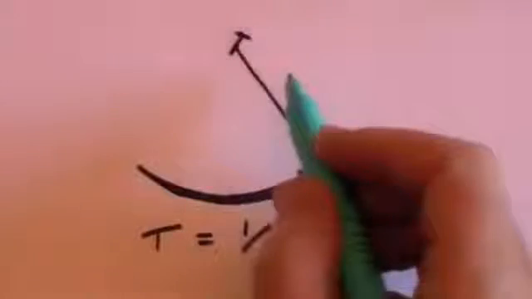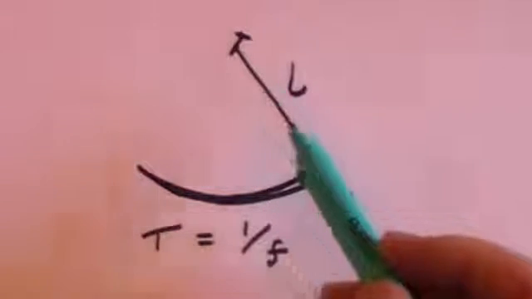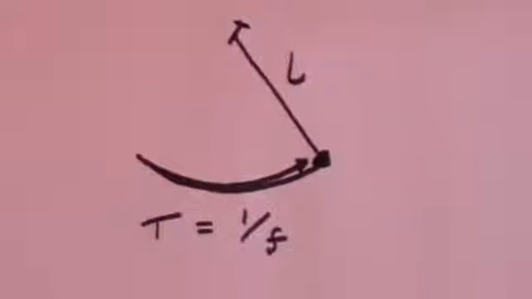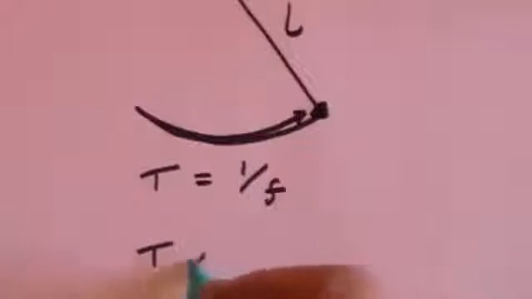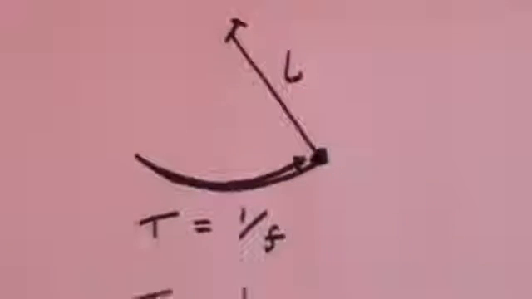I can also tell you, and at A level you'll understand more why, that if we take the length of the string as being equal to L, then the period is going to be proportional to the length of the string. So in other words, the longer the string is, the longer will be the period.